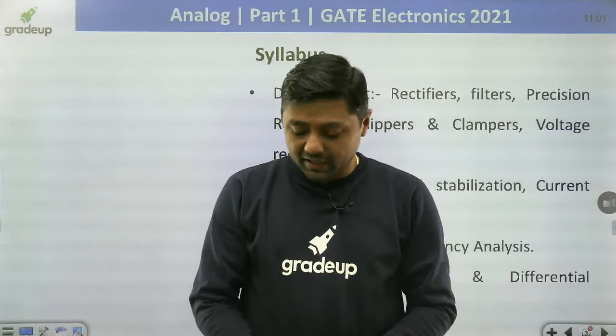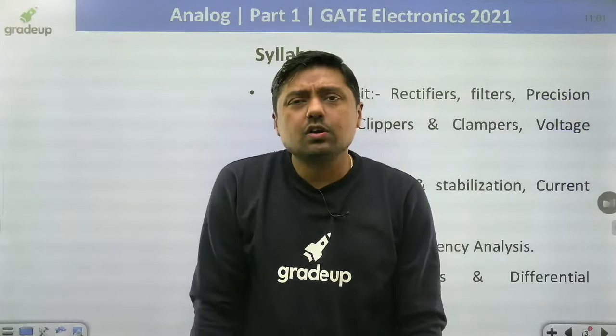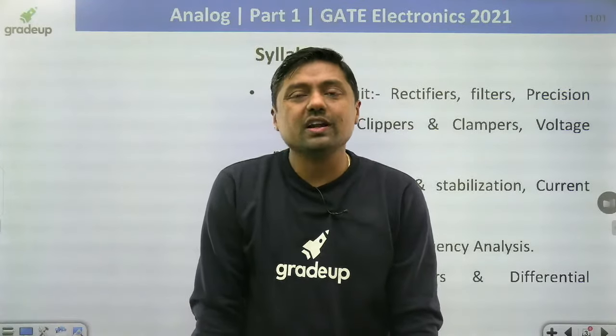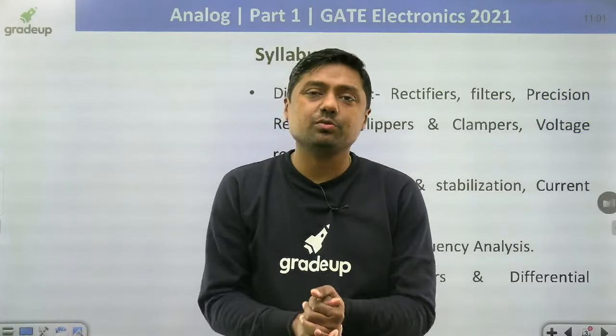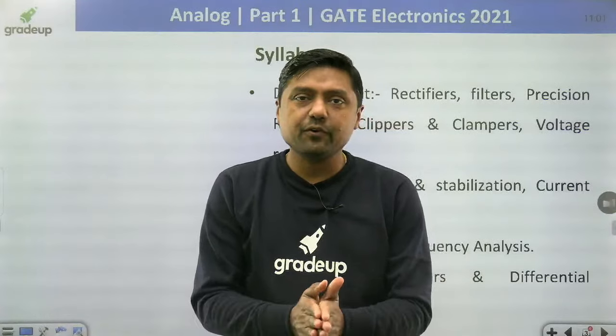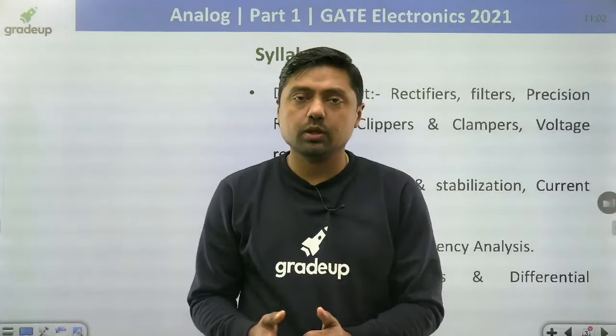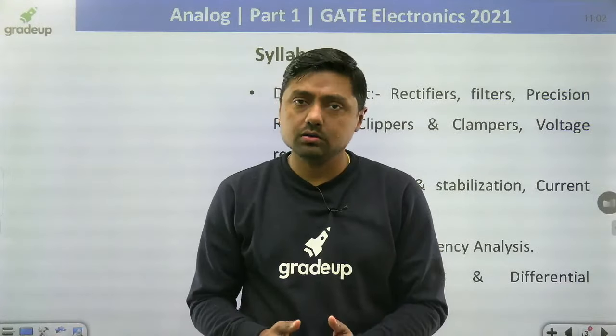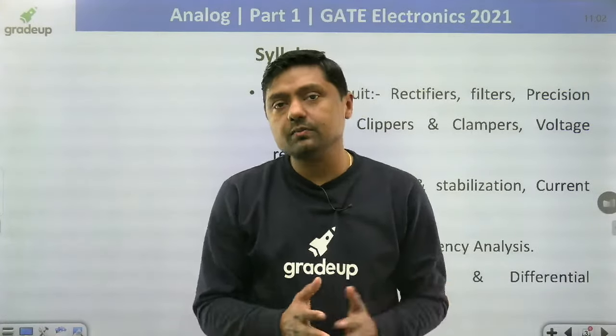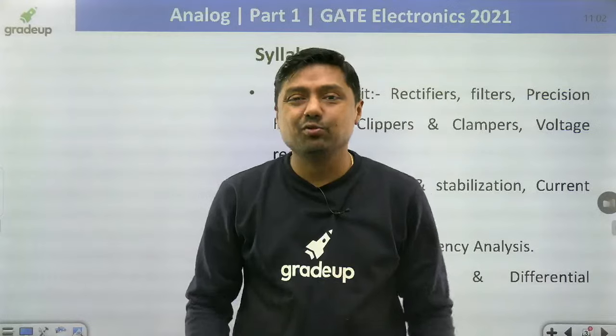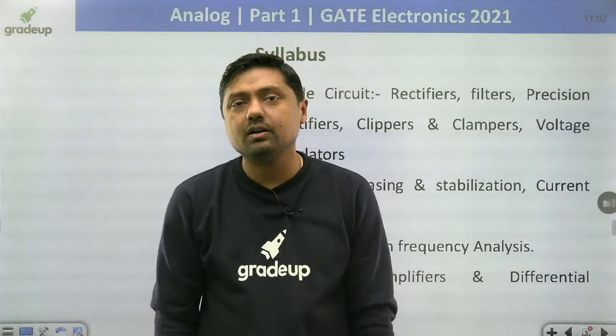Now please tell me what is the role of analog for the electronics, electrical and instrumentation branch. Before that, there is network, which is one of the important topics. There is a very good pairing between analog and network; the whole of analog depends on network.